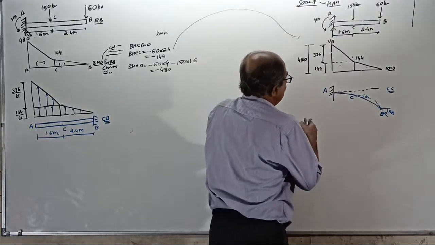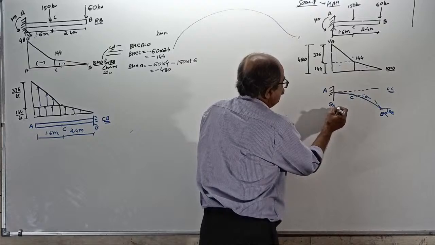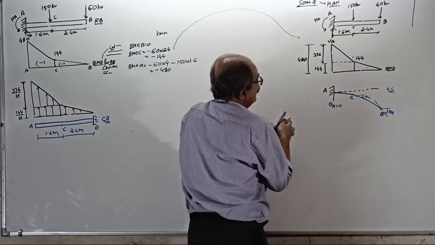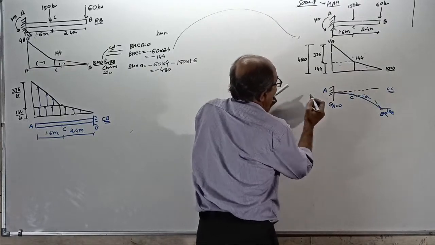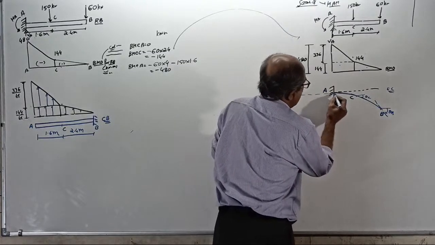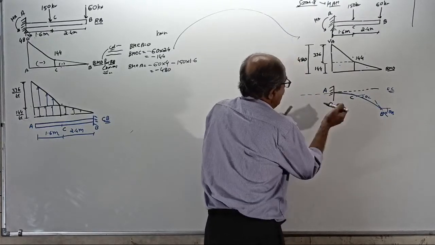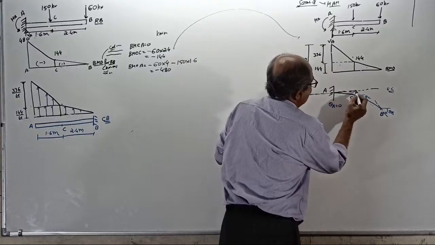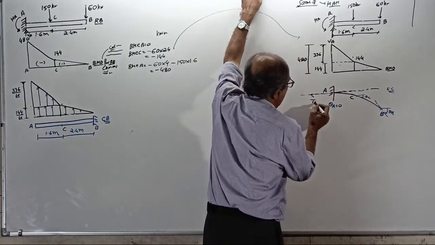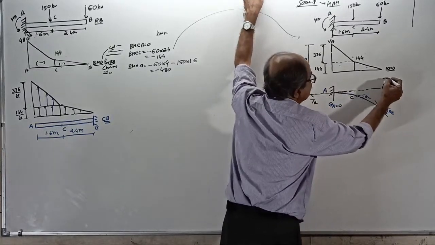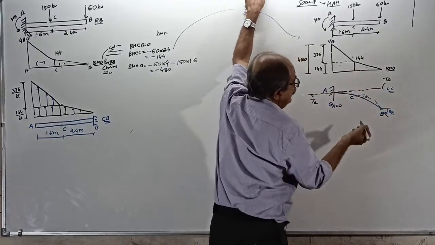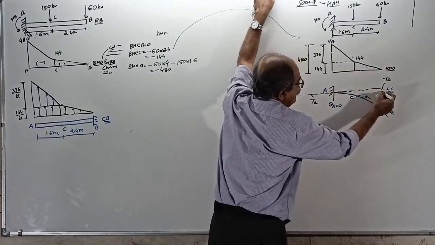Remember, slope at A equals 0. Therefore, if you draw a tangent to the elastic curve here, the tangent will be parallel to the baseline. This is the tangent at A. This also is the tangent at A. Therefore, if you want this deflection, you find what?